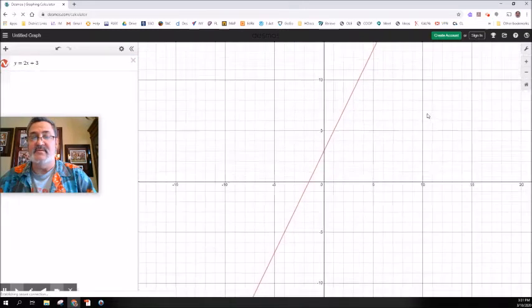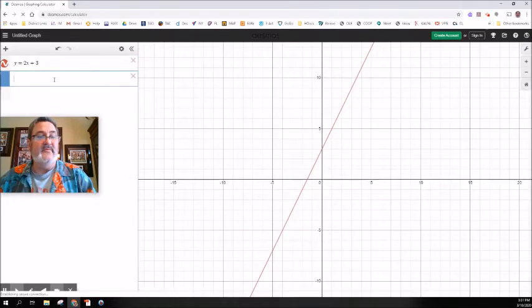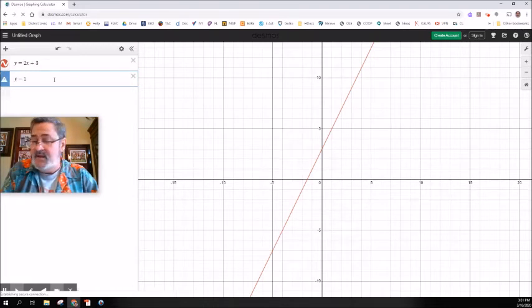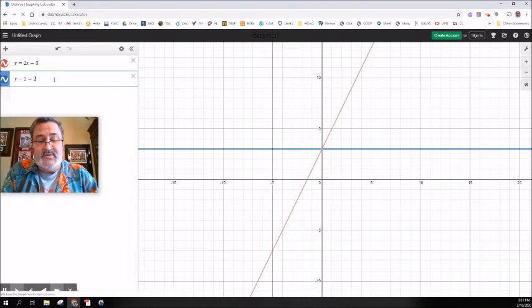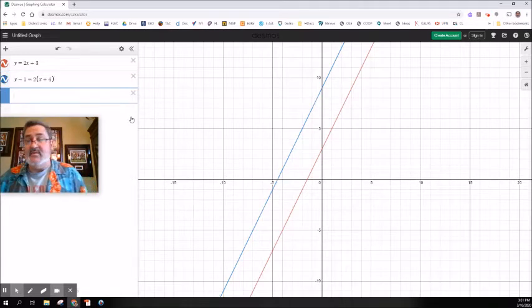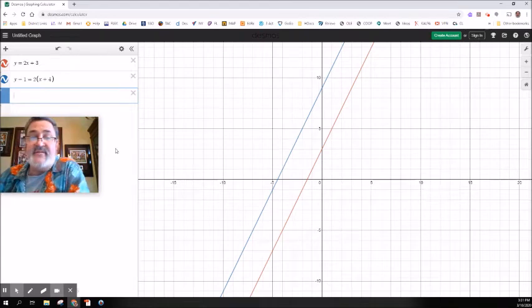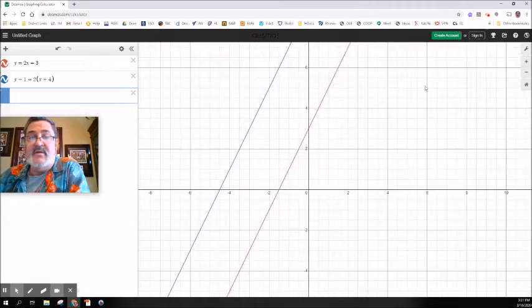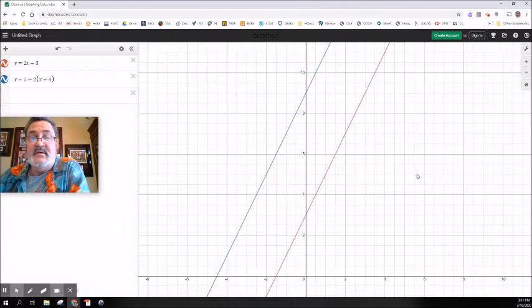And we'll add a second one, the one we just did, y minus 1 equals 2 times x plus 4. All right, we have both of those graphed, so we can see right there our two lines.